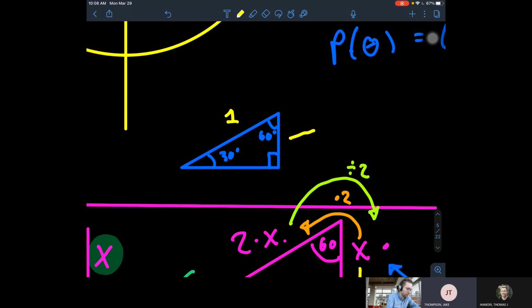Would that be 1 over 2? That's right, 1 over 2. And what about the side length that's across from the 60?